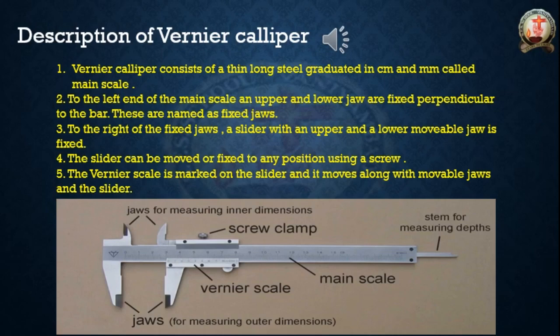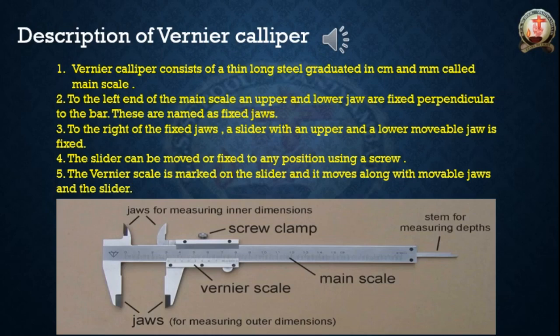Please observe the middle of figure one. It is like a structure of a scale, correct? The readings are also there, 0, 1, 2, 3, 4, 5 like that. So what is the name of that part? Main scale. It is made up of steel.